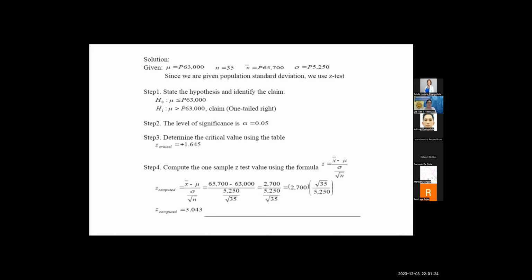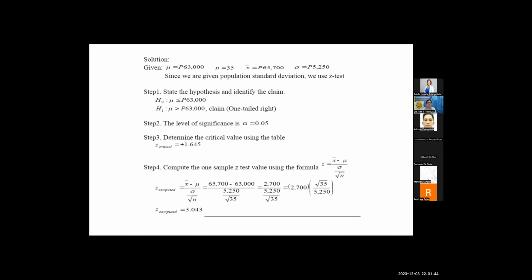We had that critical value of plus 1.645. And then with that, we were able to use this formula na po. Yan. And then the computed z value is 3.043.